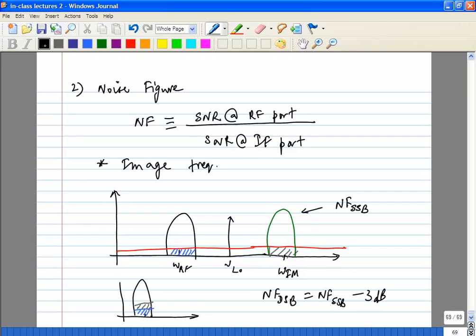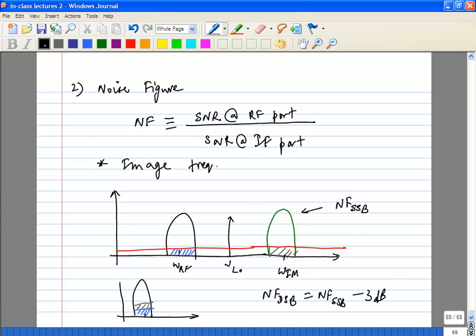In the case of single sideband, it will be 3 dB worse, because the noise from the image frequencies will still come in. I am asking specifically in the case where the mixer is ideal. Let's say it's noiseless. It will be 3 dB worse from the input in the case of single sideband.